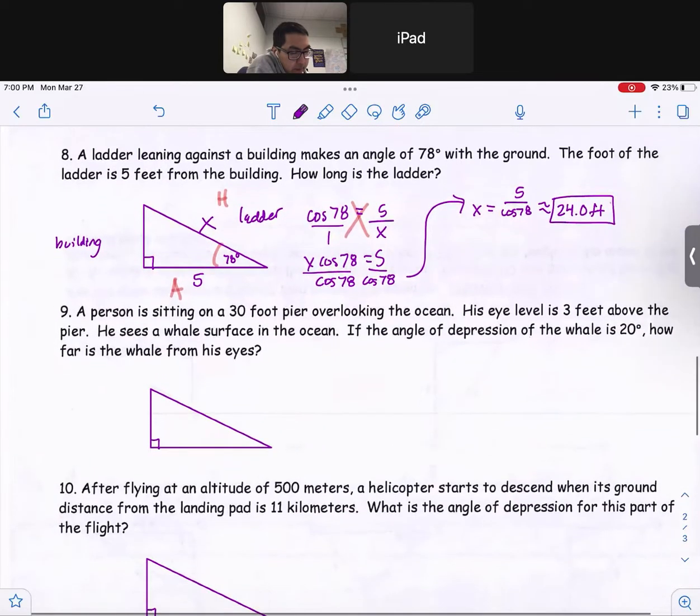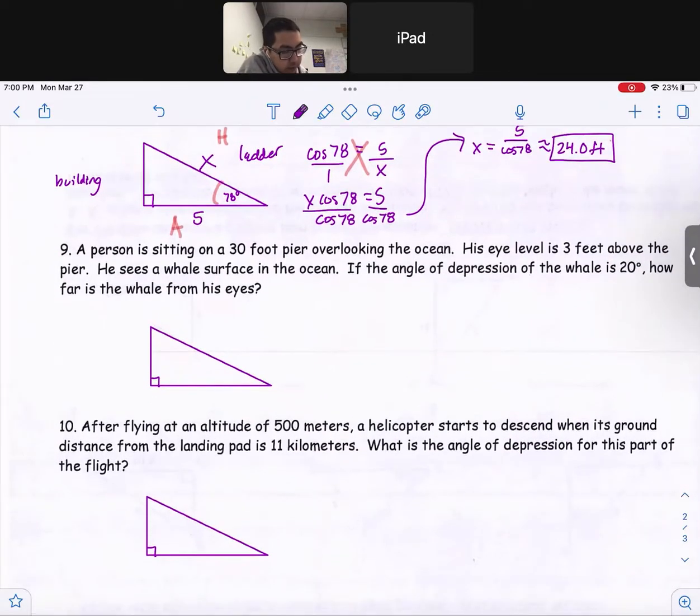Okay, a person sitting on a 30-foot pier. So here's the pier, you guys. It's 30 feet in height. And there's a person sitting down on this pier. Now the person's height level is 3 feet.